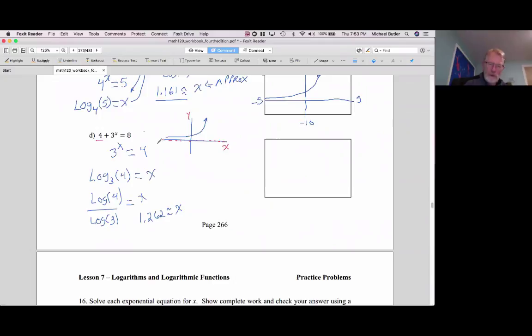So what this 4 did is it simply shifted that horizontal asymptote up by 4 units. So if this one here was y equals 3 to the x, this one here would be y equals 4 plus 3 to the x. In other words, the whole thing got moved up by 4 units.